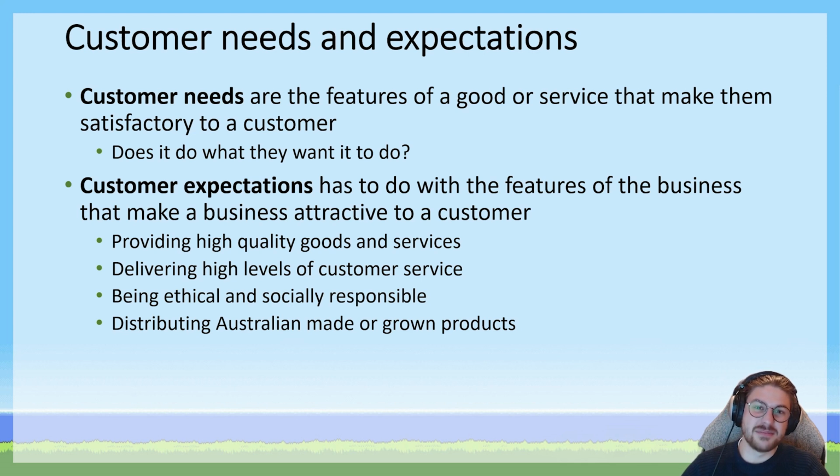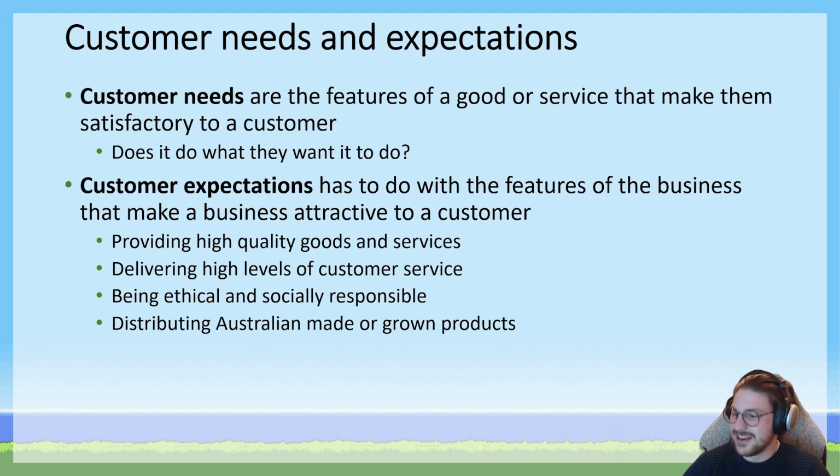Customer expectations might involve whether or not the product is manufactured in a socially responsible manner, or whether the supply chain is socially responsible. If these products are coming from factories, but the resources are gathered from businesses that use slavery in their own supply chains, then this product might fail to meet customer expectations, even if it still does meet customer need.